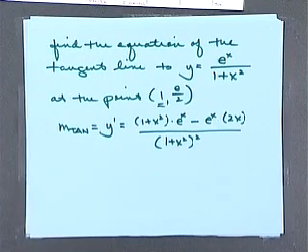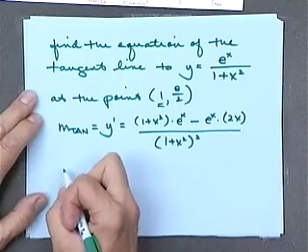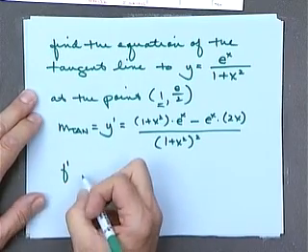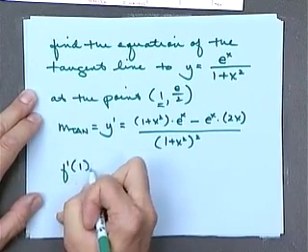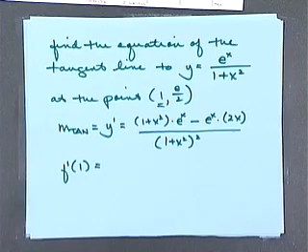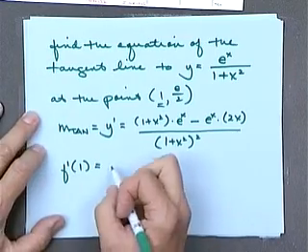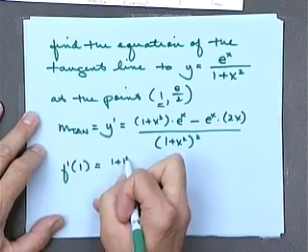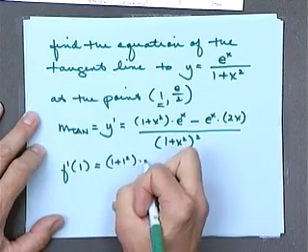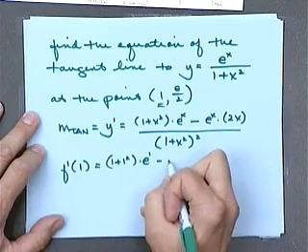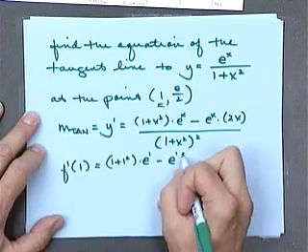Anybody see anything major gained by simplifying or distributing and grouping like terms together? I don't see a lot of gain there. We want to know what is the derivative when x is 1, because that's the point we have. The x value is 1. So it is 1 plus 1 squared times e to the 1 minus e to the 1.